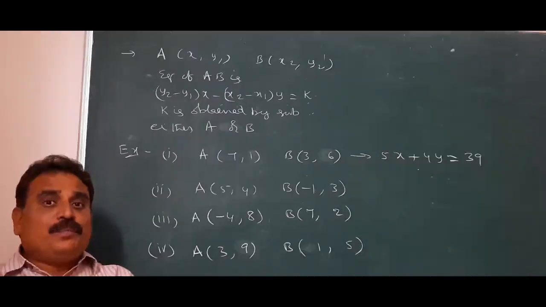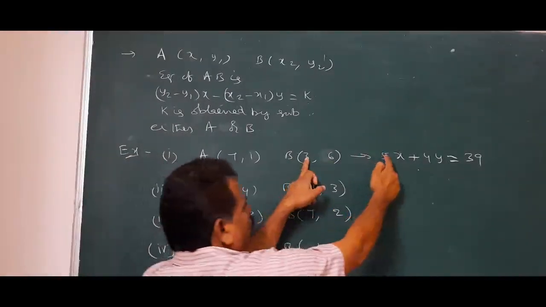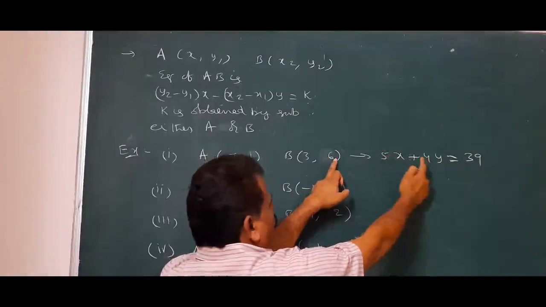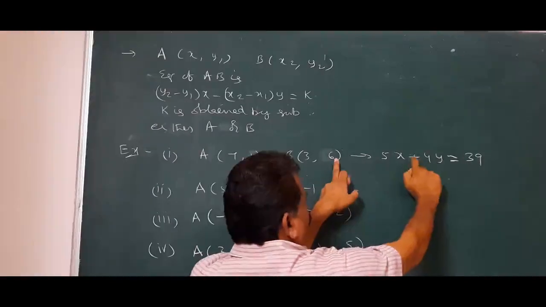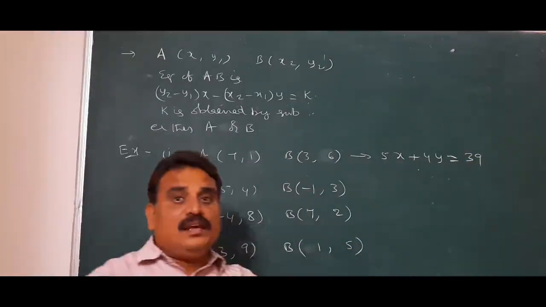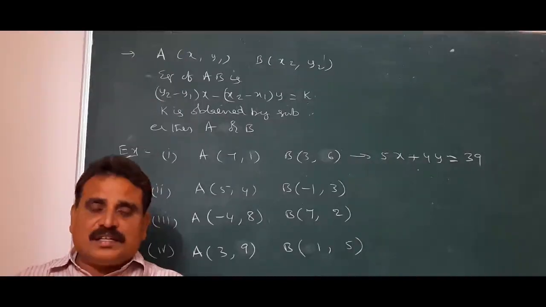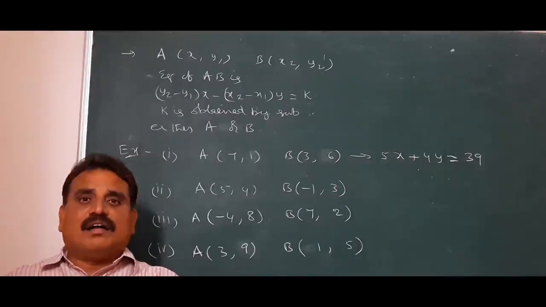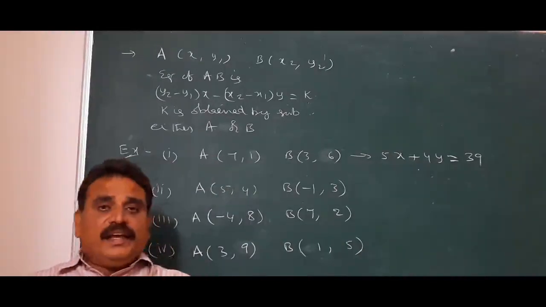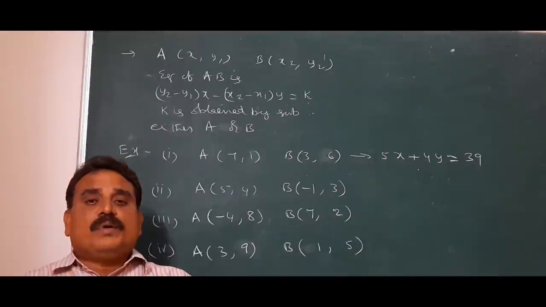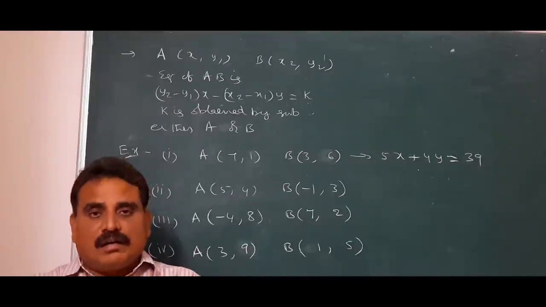If we substitute B, what happened? Look here: 5 into 3 is 15 plus 4 into 6 is 24, 15 plus 24 is 39. We get the same constant. If you get a different constant, somewhere the coefficients of x and y are wrong, which indicates that the slope calculation for the line passing through the given points is wrong.